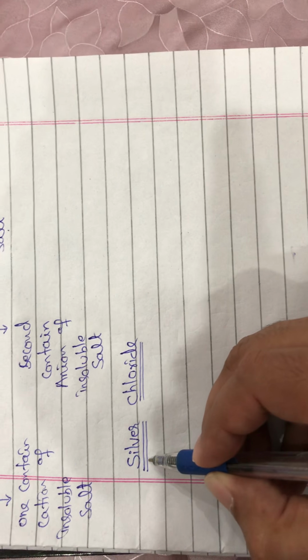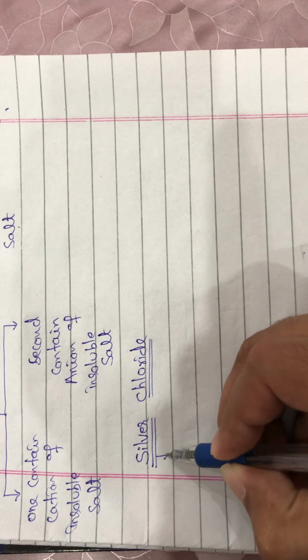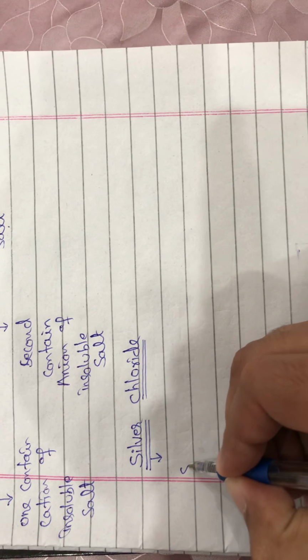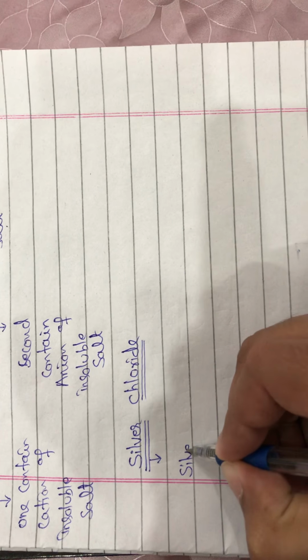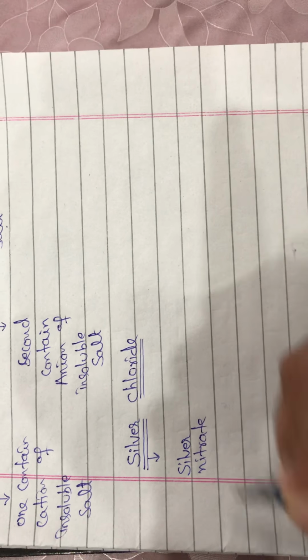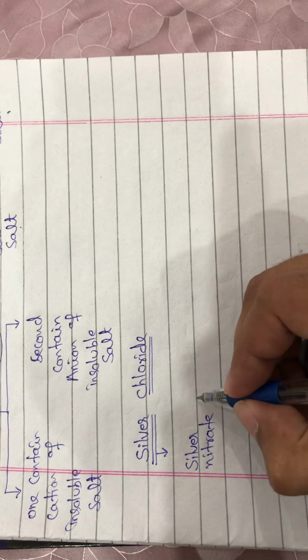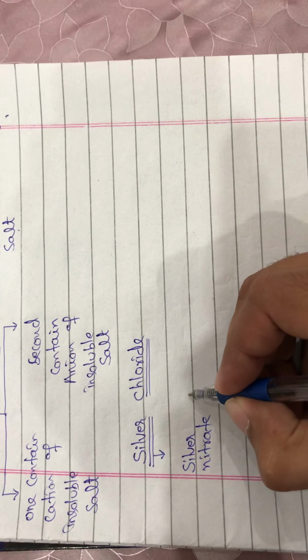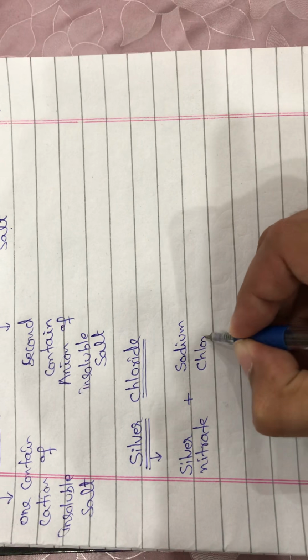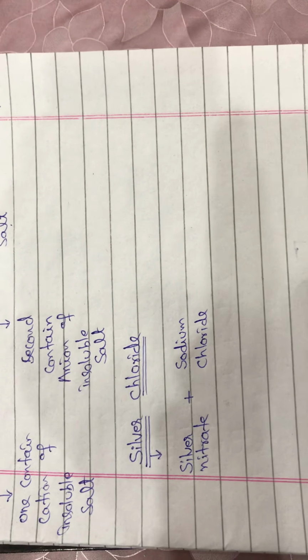Talking about the silver salt, we know that all nitrates are soluble. So for this one we will use silver nitrate, and then we will add sodium chloride because sodium chloride is soluble in water.